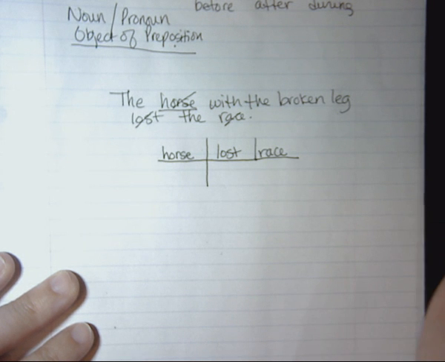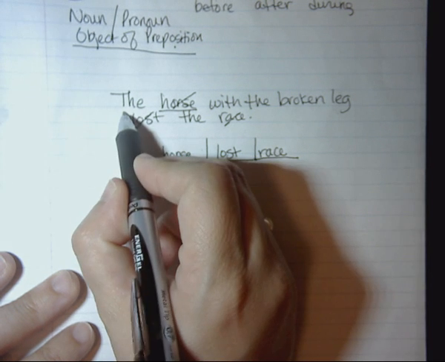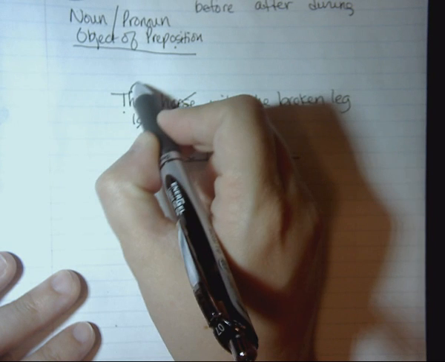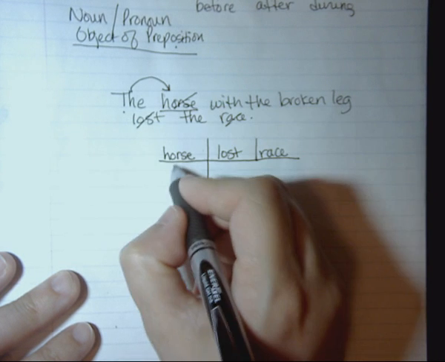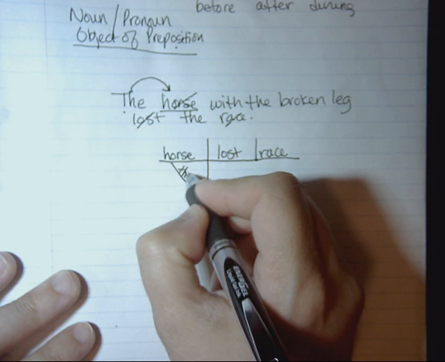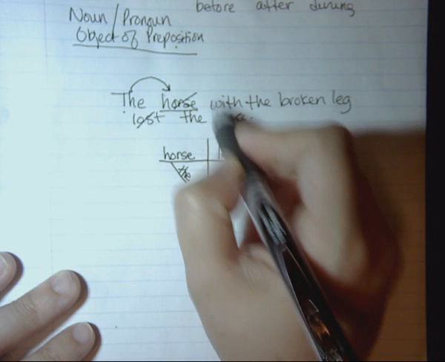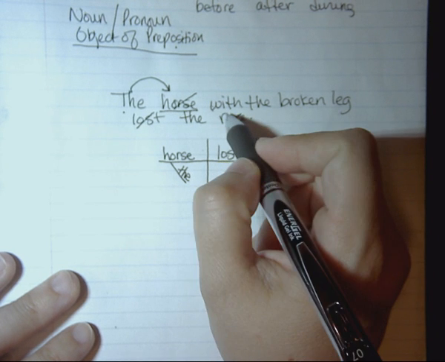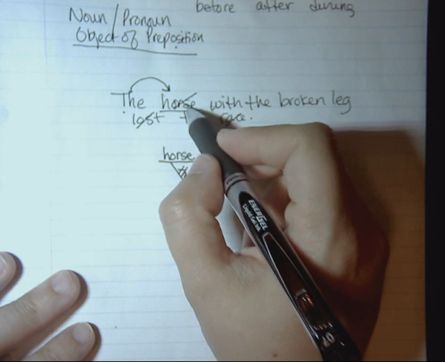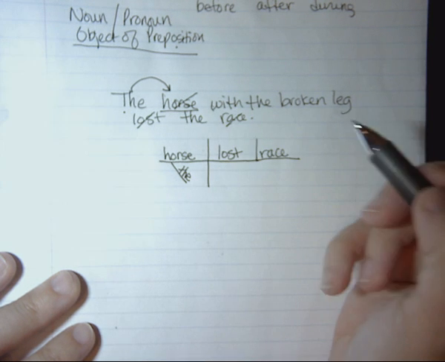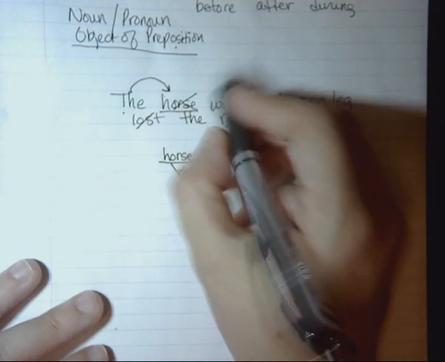Now, let's go back to the beginning of the sentence and fill in any words we haven't yet used. The. What does the tell us about? Horse. So it goes under horse. Okay. Now, with. Oh! Where's a preposition? It tells where this horse is, like which particular horse it is.